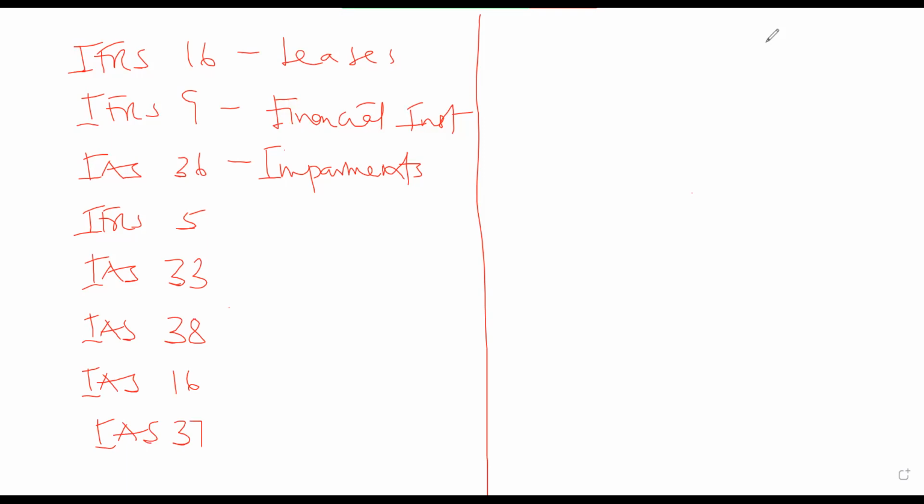These are the major standards that, if you go to the exam, maybe we can add 12. I have a video on 12 already, but we can add 12. 15 will take our time, but we can add 15. By 10th February, we should be able to finish. So maybe 5 today, 33, 38, 16, 37, 12.